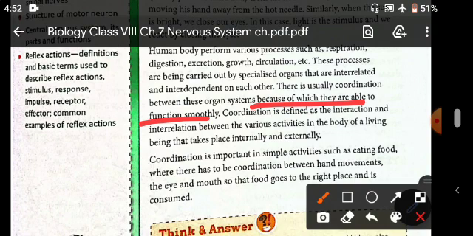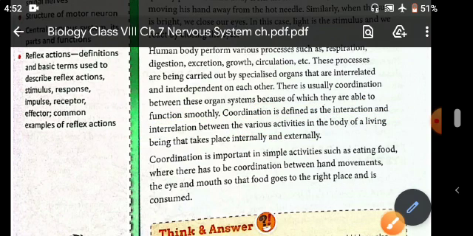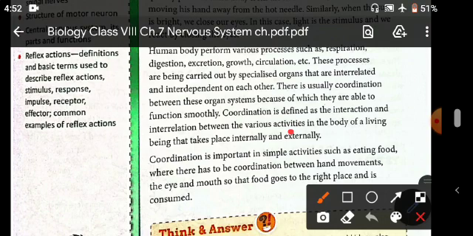Now coordination is defined as the interaction and interrelation between the various activities in the body of a living being that take place internally or externally.